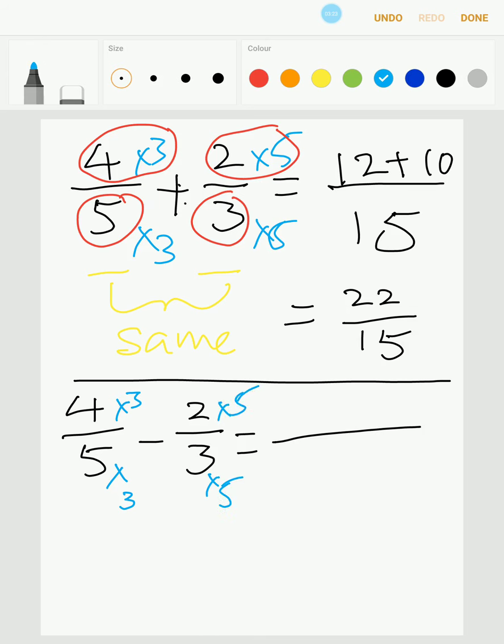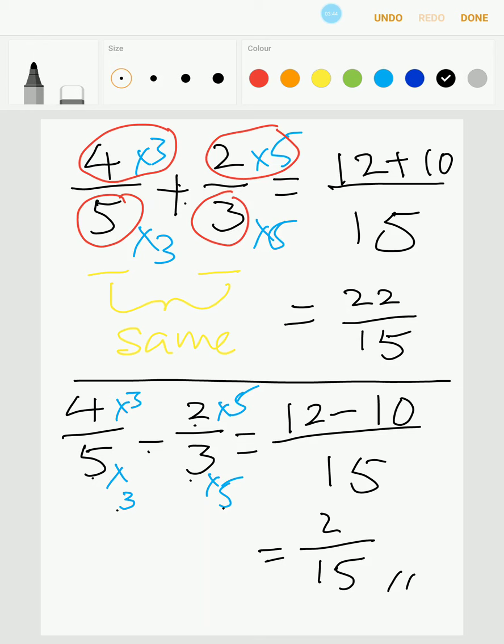That gives me over 15, because 5 times 3 is 15, and 3 times 5 is also 15. So 4 times 3 is 12, minus 2 times 5, 10. I get 2 over 15. Ta-da, that's my answer.